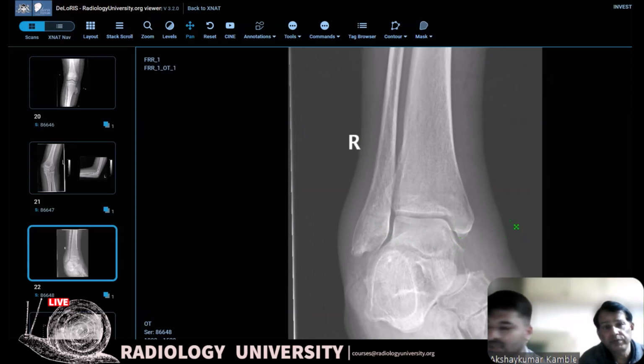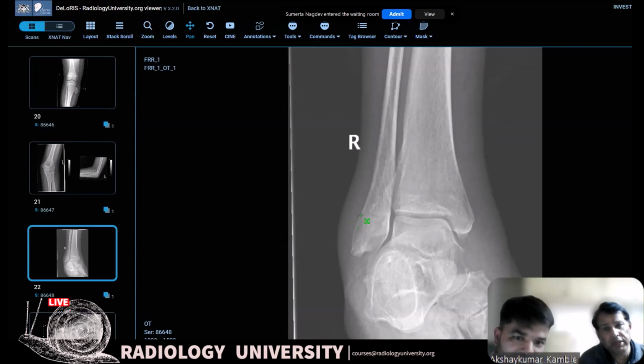So does anyone want to describe this one? Number 22. So this is abnormal. There is a soft tissue swelling leading towards an abnormality in the lateral malleolus, and there is a fracture line going transversely through the lateral malleolus.